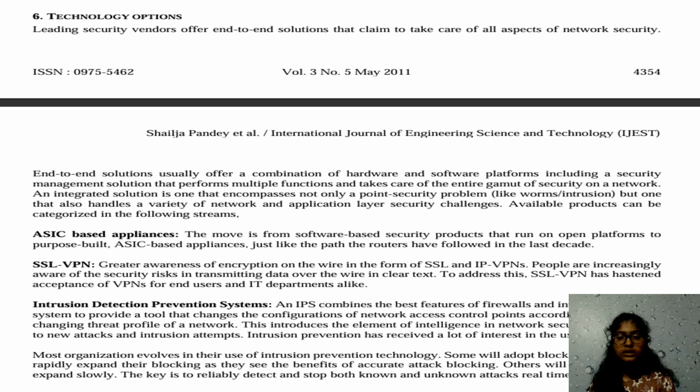Coming to the intrusion detection and prevention system, that is IPS. We can call it an IPS tool, which is used to detect and block both known and new attacks by dynamically adapting to threats.